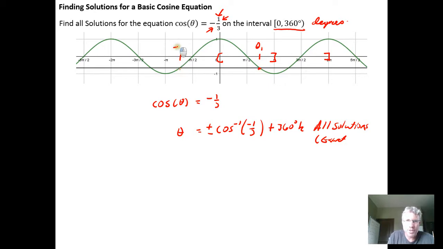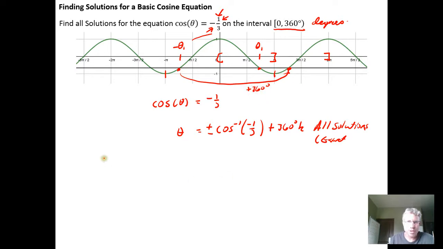This is the opposite of theta sub 1, and we need to add a full period to that to get to the next solution. This one is to the right of the trough, so we add 360 degrees to get over there.